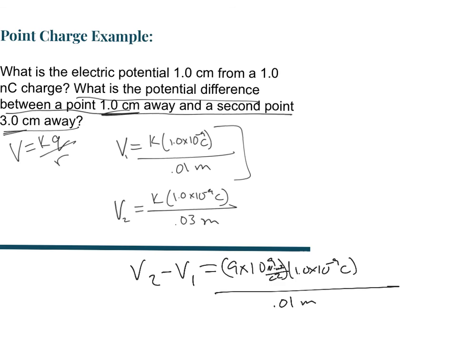Sorry, V2 is 0.03 meters. Minus the same thing, 9 times 10 to the 9. I'm going to leave out the units because I don't have space, but I should write them, times 1 nanocoulomb over 0.01 meters. And you can do the number crunching for yourself. But that's how you would find potential and potential difference surrounding a point charge.